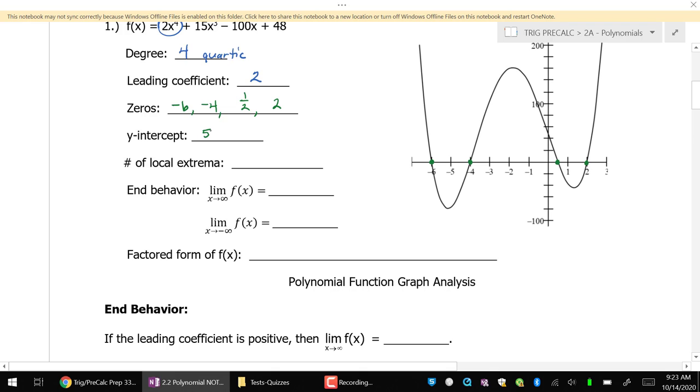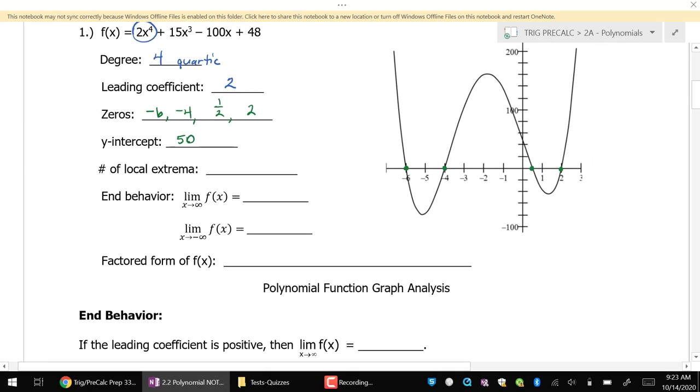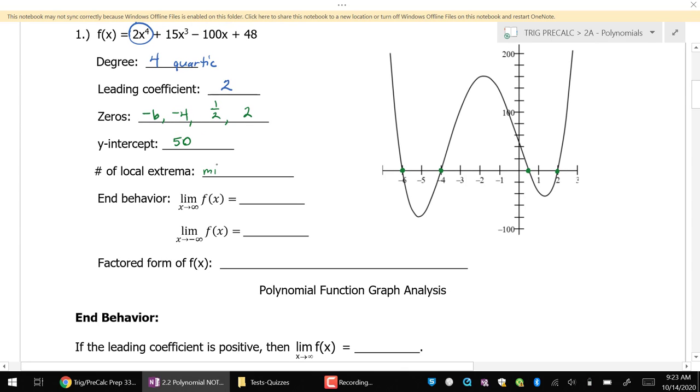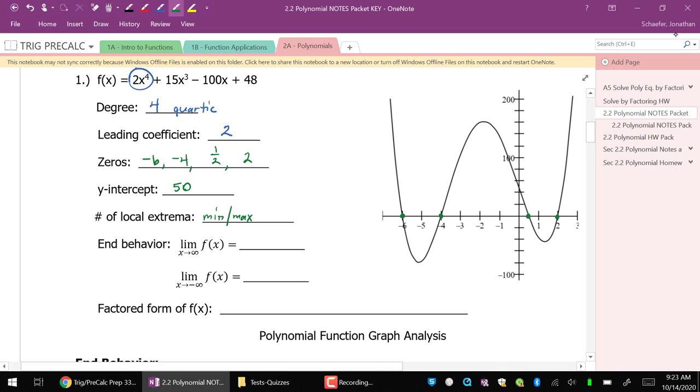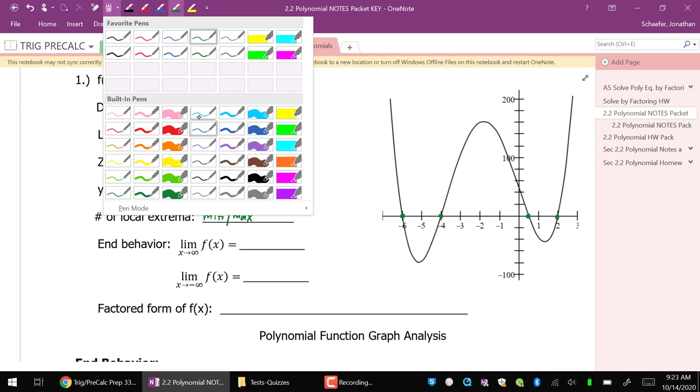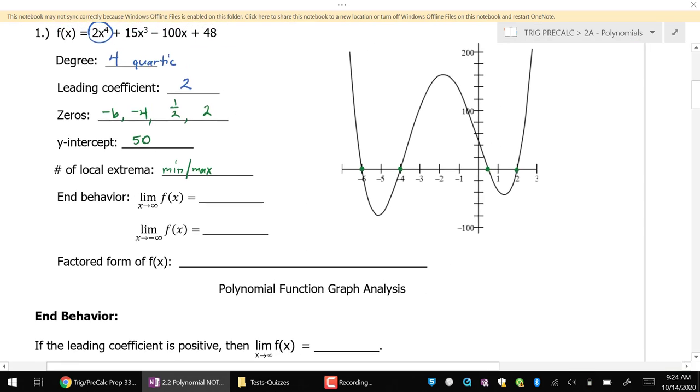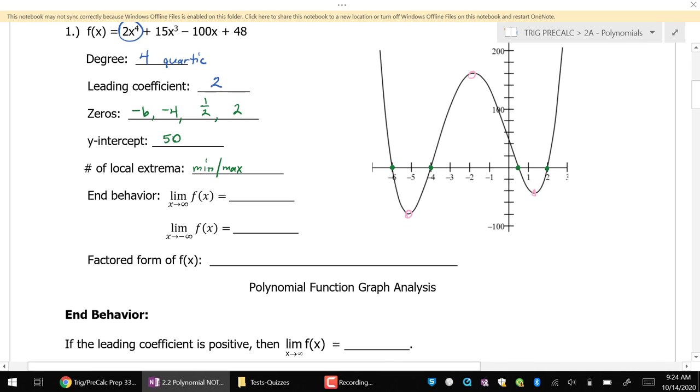Watch the scale. The number of local extrema, so that would be minimum points and maximum points, the extreme values of the polynomial. And I see there is a minimum, there's a maximum, and here's another minimum. So it looks like a total of 3.